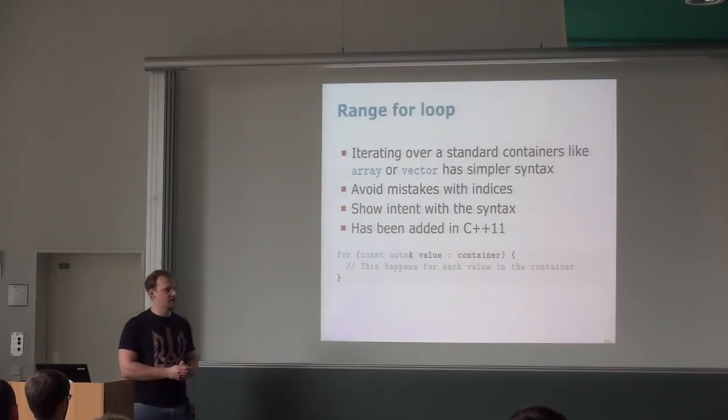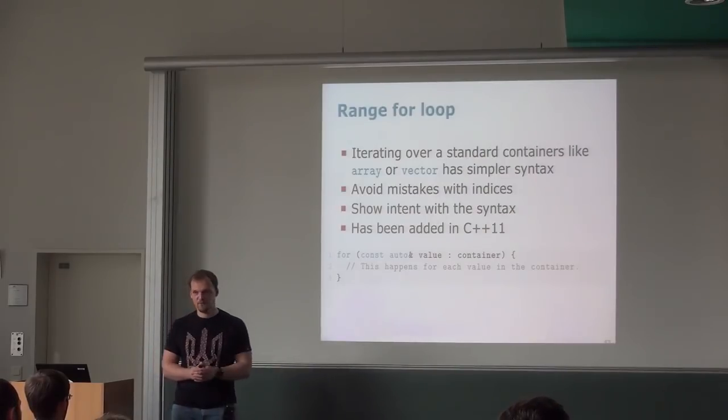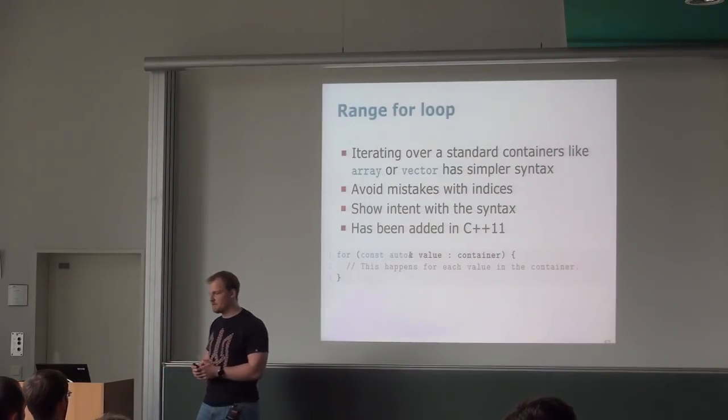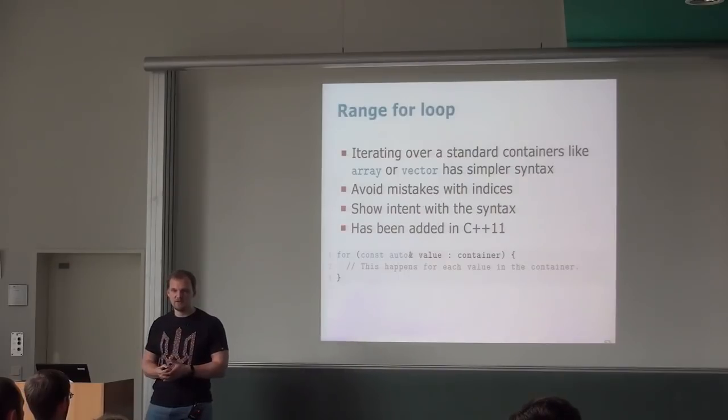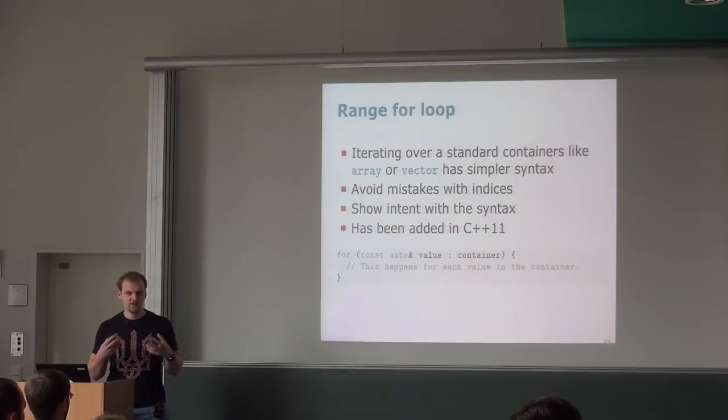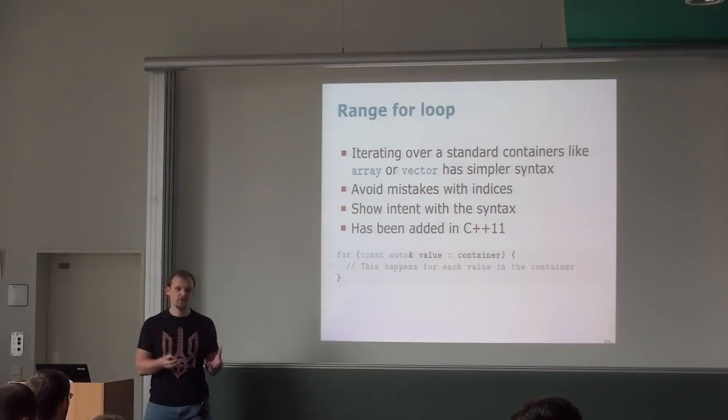The new thing in C++11 is the range for loop. Now, the range for loop is a nice thing because it shows intent. It shows what you want to do instead of showing how you're doing it.